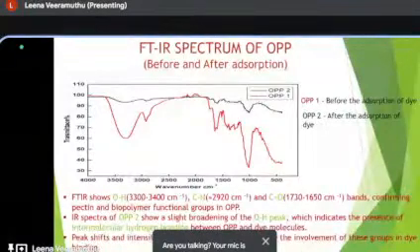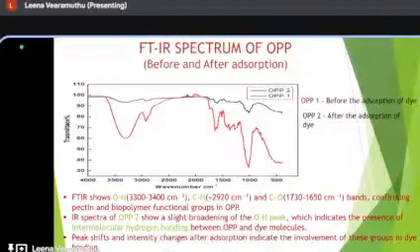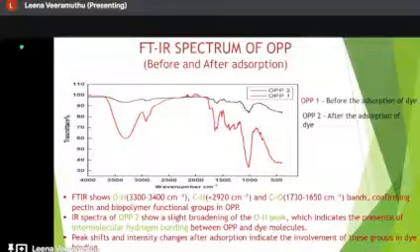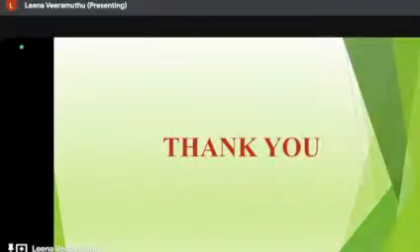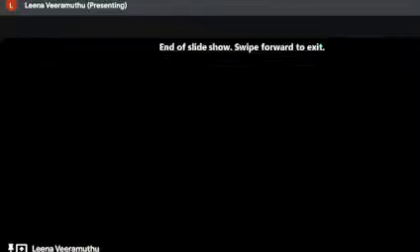The broadening of the peaks is shown, ma'am. It shows the intensity decreases, ma'am, because of the interaction. Okay.